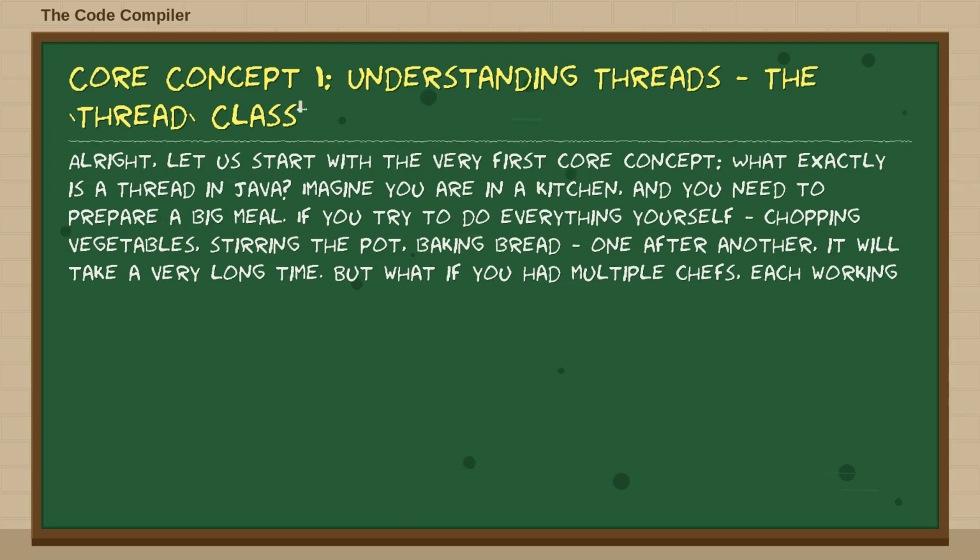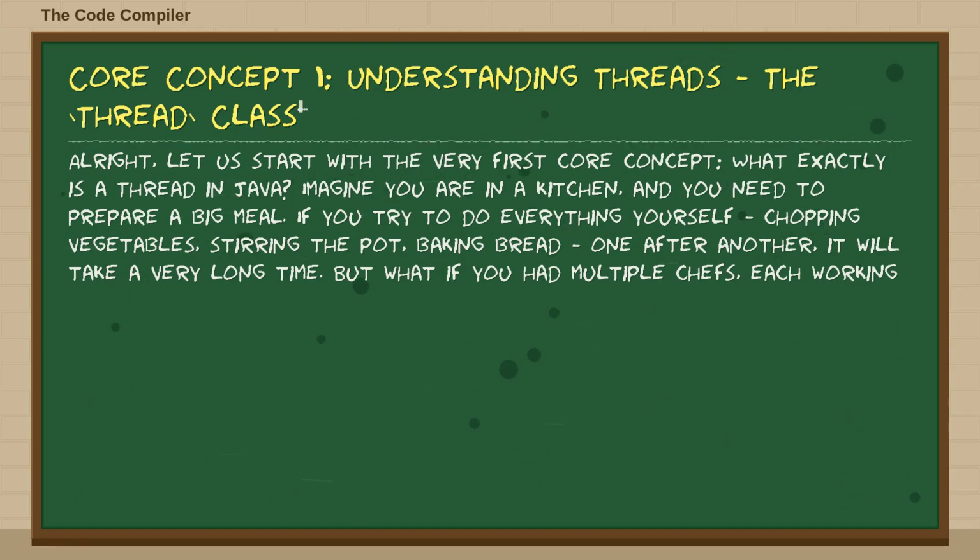A thread is like a lightweight subprocess, an independent path of execution within a program. Your main application always runs on one thread, called the main thread. When we talk about multithreading, we mean creating and managing additional threads to perform tasks concurrently.